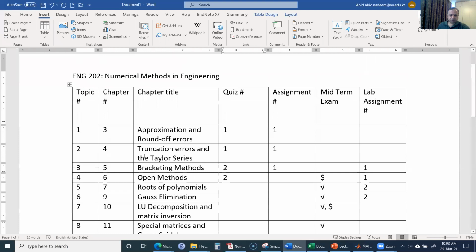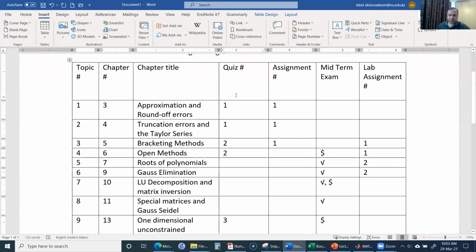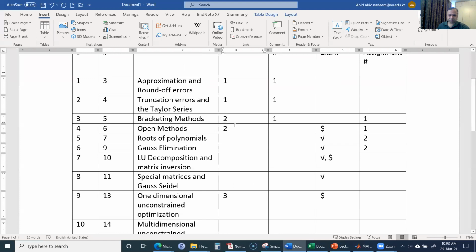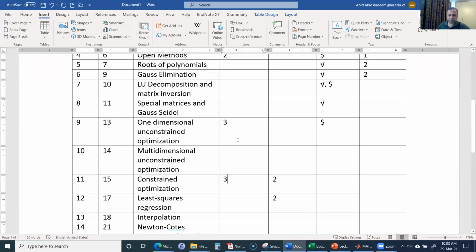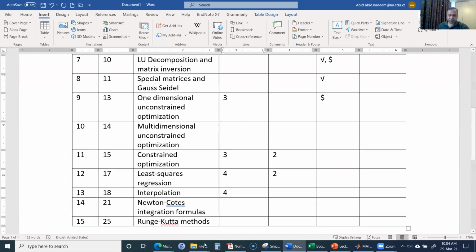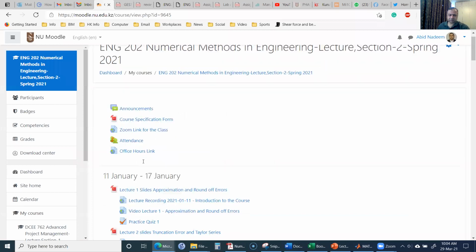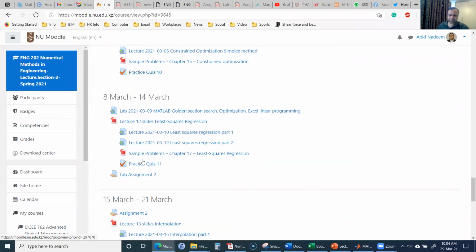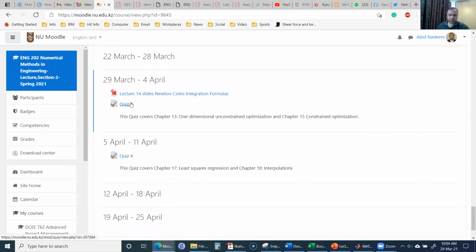Okay, so in this table I have the topic number and chapter title, and you can see that we have up to now 2 quizzes. Later on there will be quiz number 3 and 4. Quiz number 3 will be on this Friday, and it will be from chapters 13 and 15.